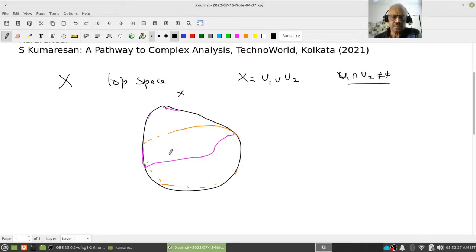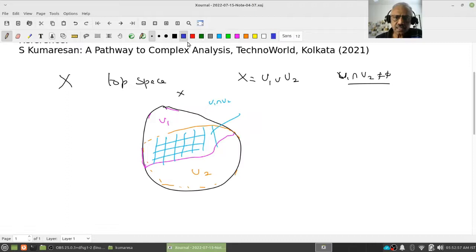Now let's further assume there exists the following. This is U1, and the other one is U2. Let us look at the common part, which is U1 intersection U2.